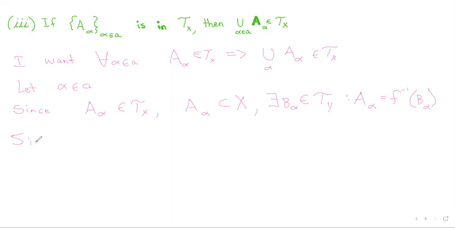So since A alpha 2 would also exist in topology X, then the same rule would apply. And as you can see, there will exist several B in the topology Y that will give us a set, an open set A within topology X.